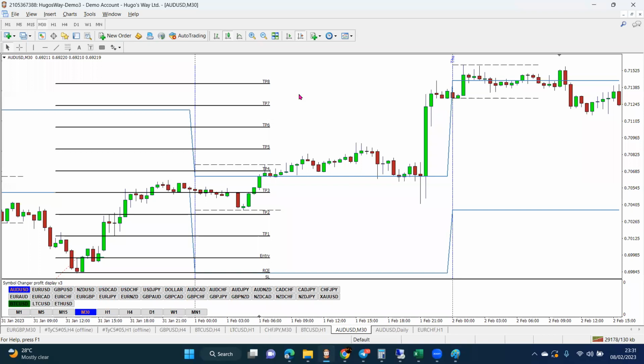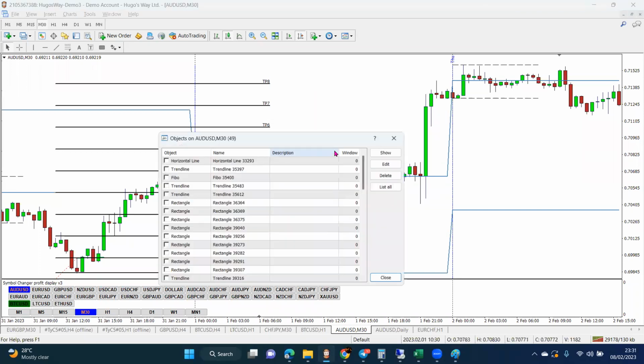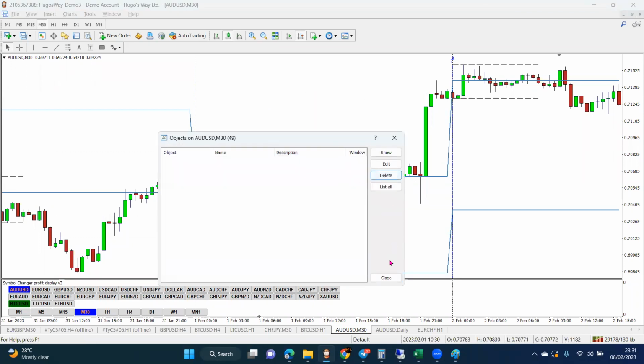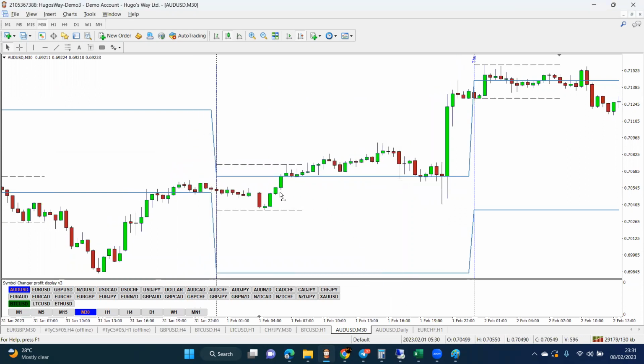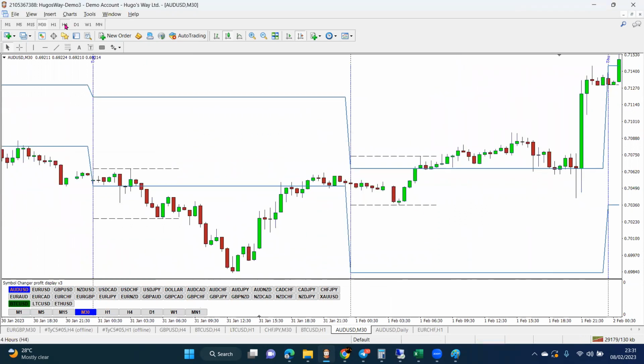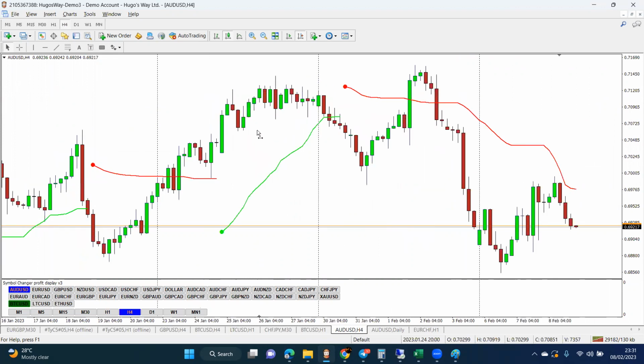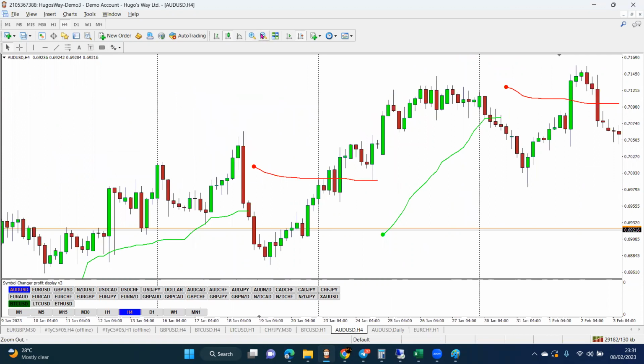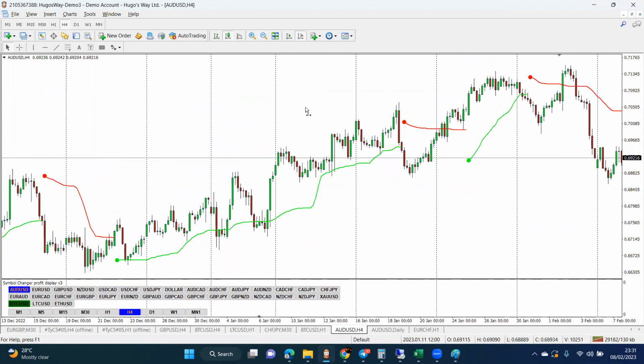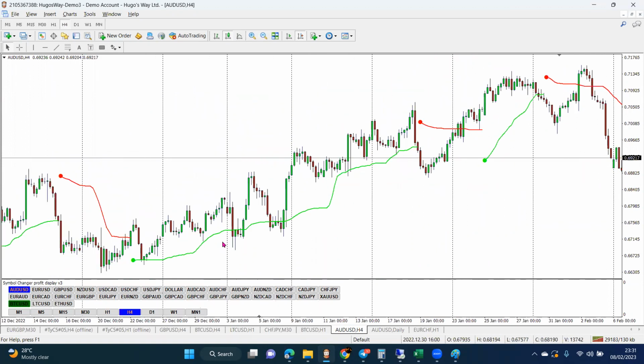All right, so I'm going to take out all the objects here. And then I'll go back down to H4 time frame. Then we'll look at the month of January on the H4 time frame. So right about here, we were bullish.